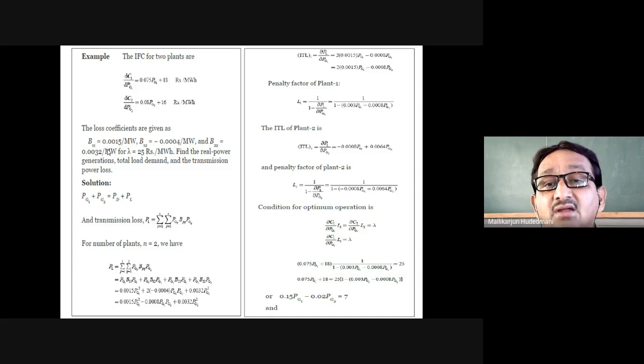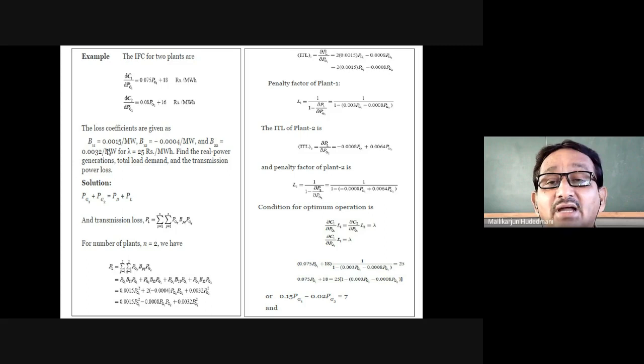It means dC1/dPG1 into L1 should be equal to dC2/dPG2 into L2, should be equal to dC3/dPG3 into L3, and so on till the last generator. Then what are these L1, L2, L3? Penalty factor. How costlier that plant is in producing an additional megawatt is the indicator of that machine.